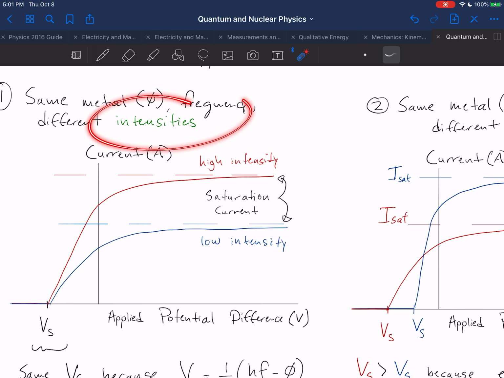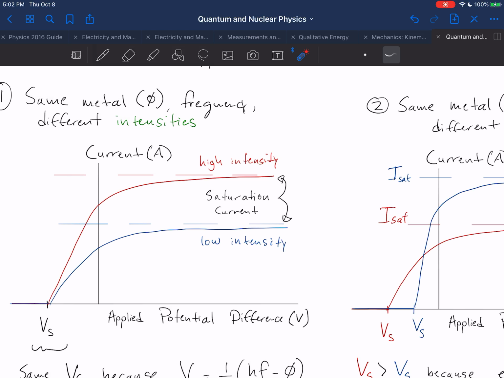So now compare what happens if you have different intensities for the same frequency. Well, if you increase the intensity, you're going to send more photons of the same energy each. And because they are the same energy each, you will have the same stopping voltage required to stop those electrons.